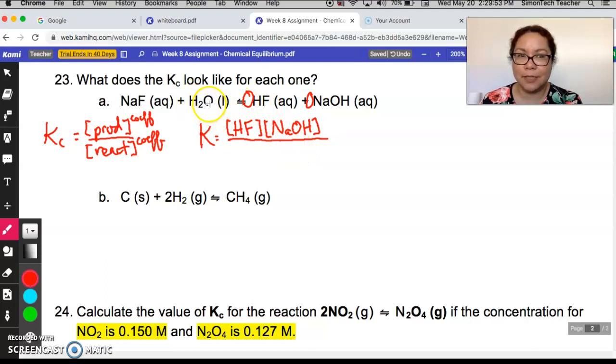It's a universal solvent, but there's nothing mixed in it. It is a pure liquid, so we don't have to put this in there. It counts as 1. But this one is aqueous, so we can use that one. So at the bottom, sodium fluoride. And there's no coefficient, so again, that means that there's a 1 up there.